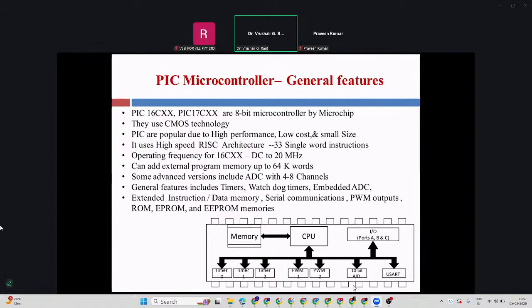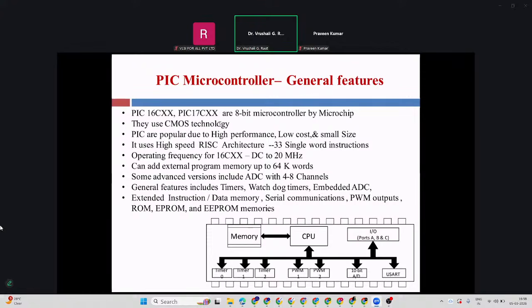Okay, so after this diagram, I'll come here to the general features. What features are there? PIC 16C or 17C, these series are 8-bit microcontrollers by Microchip. And what type of technology are they using? CMOS, right? Complementary MOS technology.